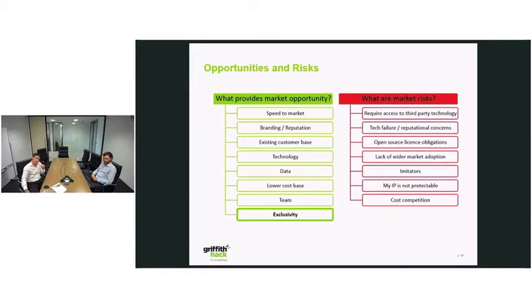I'm not coming at this with a win based off my existing customer base or branding, but I can win on this particular project if I've got exclusivity. And a lot of the time this will apply where the underlying idea behind the product is easily reverse engineerable. Once the idea is known, people can implement it at relatively low cost to entry. So in that case, you're going to have competitors fairly quickly unless you manage your exclusive position in the market.